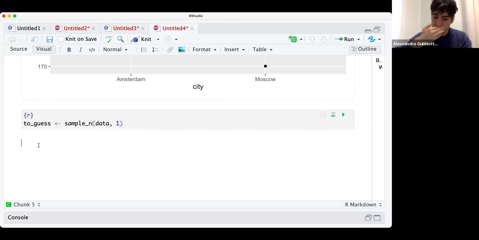So what can be a good prediction for y, without knowing anything? So the question is, what is a good guess?